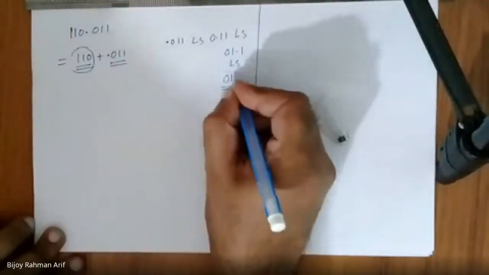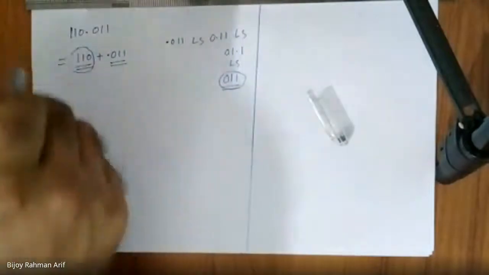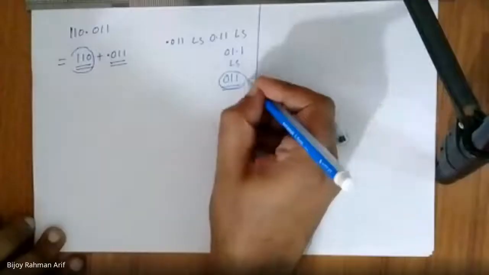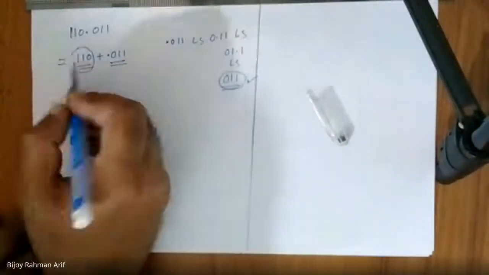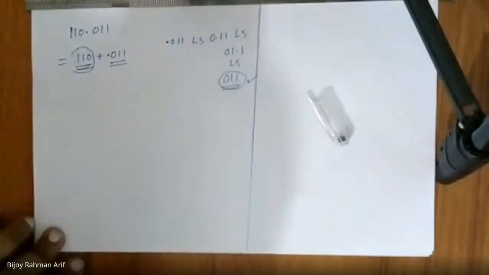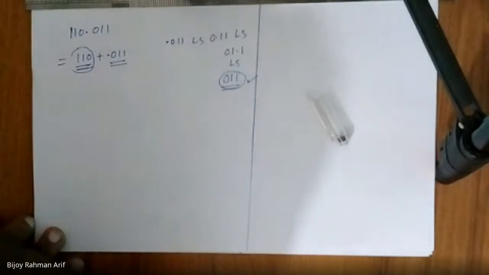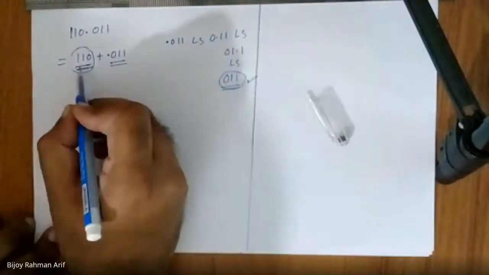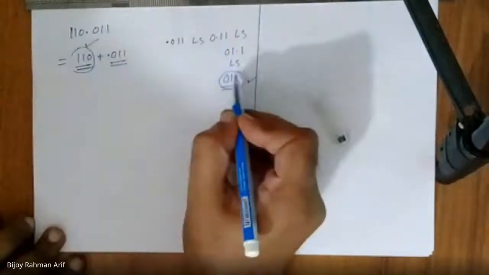No. Fractional point here? No. So it becomes purely integer. Am I right? So you can convert this one easily using the previous SDT to an equivalent decimal number, because it does not have any point. The way you can convert this, you can convert also this.